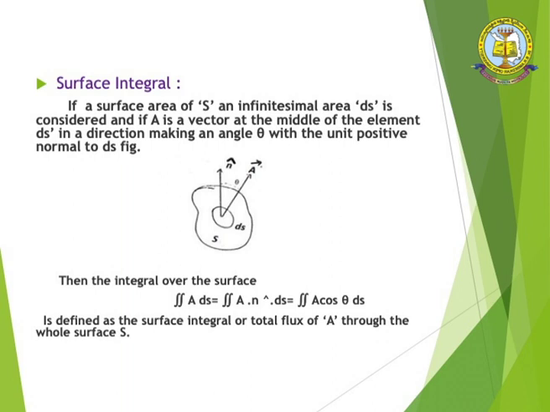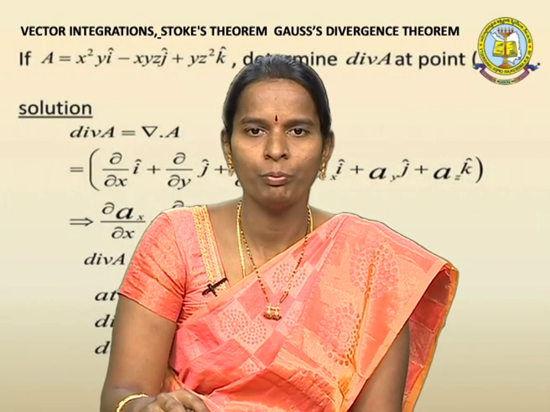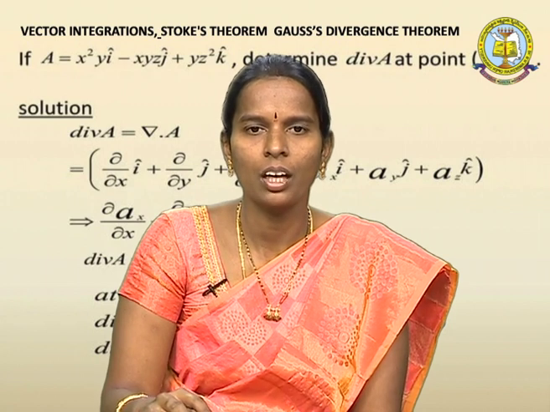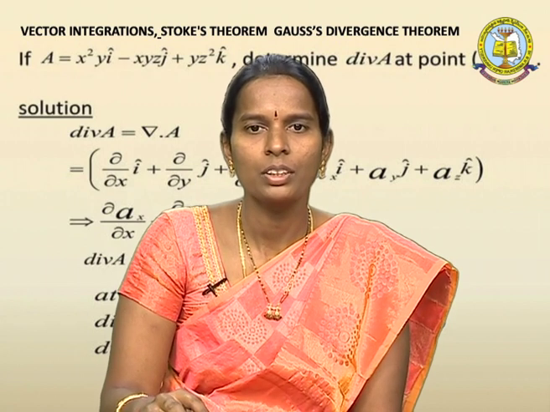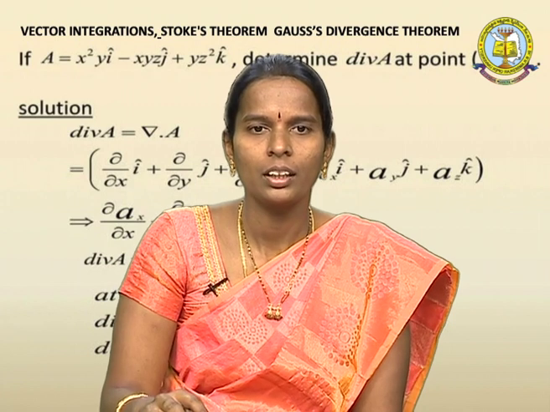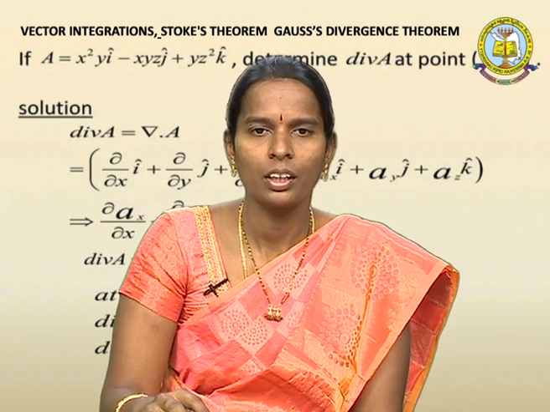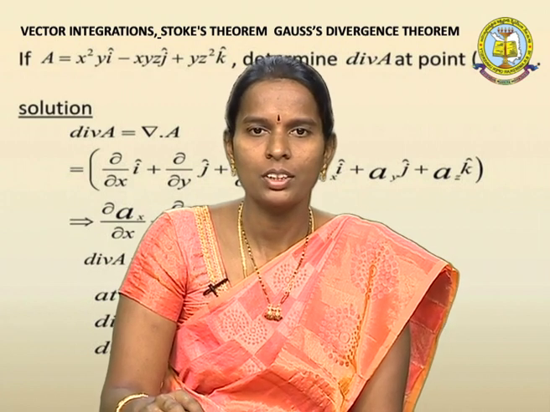So the surface integral of A ds is equal to the surface integral of A dot n cap ds. A dot n cap means A cos theta. So the surface integral of A ds is equal to the surface integral of A cos theta ds. This equation defines the surface integral.